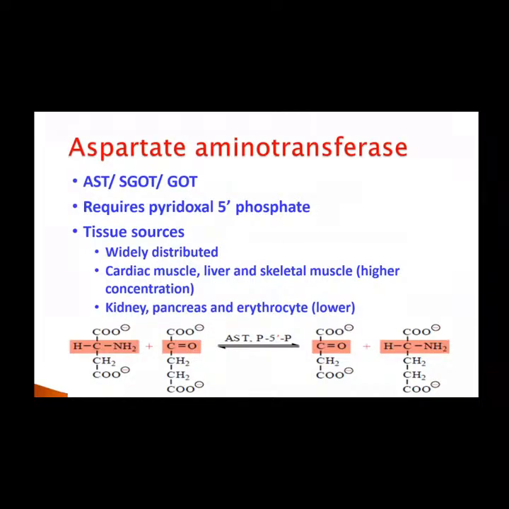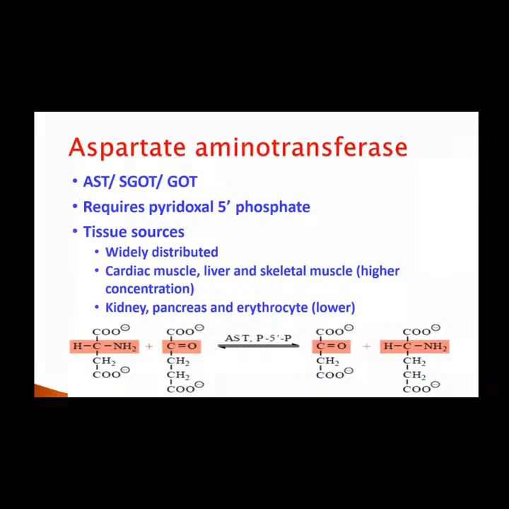Coming to aspartate aminotransferase, this is otherwise known as AST, AGOT, and GOT. What does AGOT mean? Serum glutamate oxaloacetate transaminase. This enzyme is present in the liver and muscle, and a small amount is present in the kidney and pancreas.